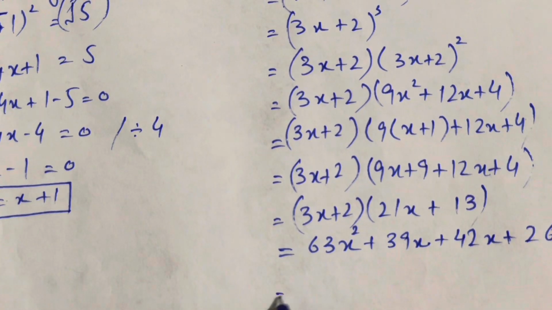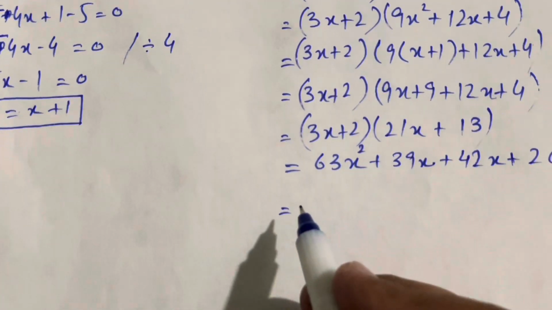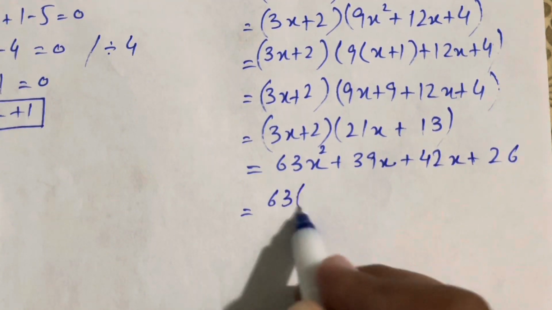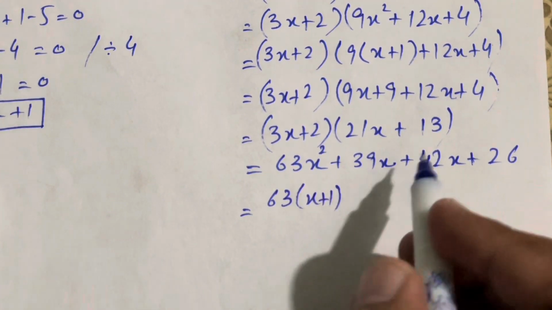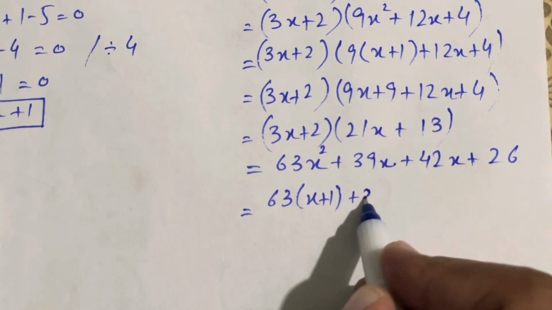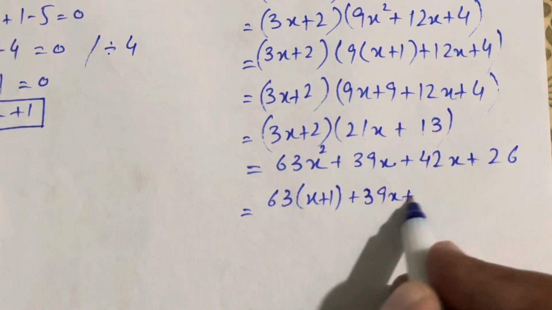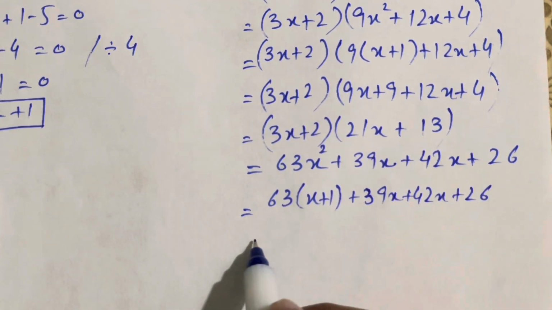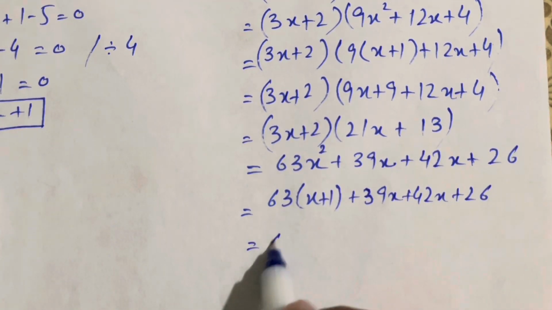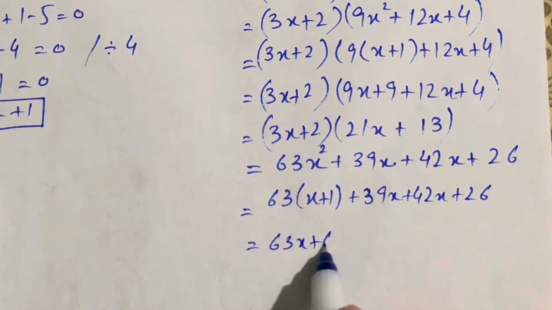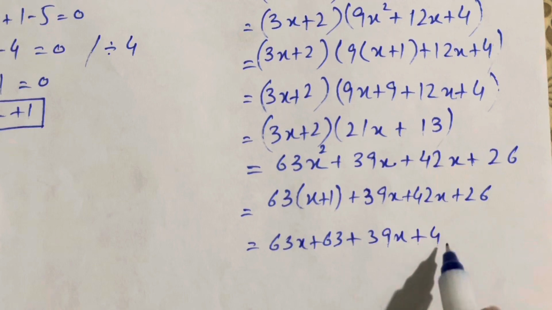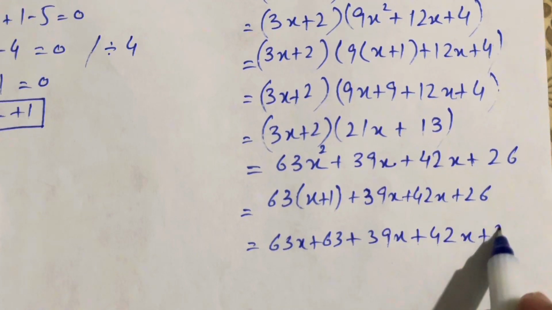I am writing the x square value again: 63x plus 1 plus 39x plus 42x plus 26. I am multiplying it: 63x plus 63 plus 39x plus 42x plus 26.